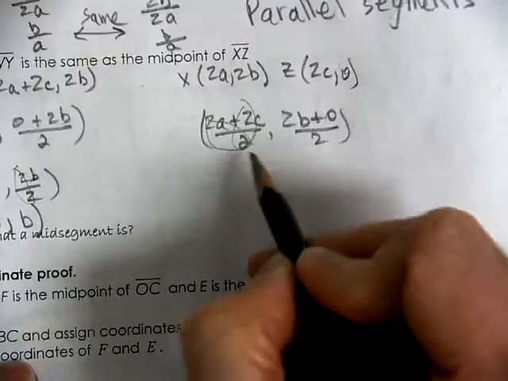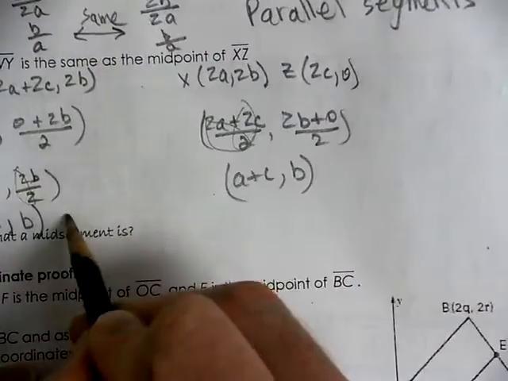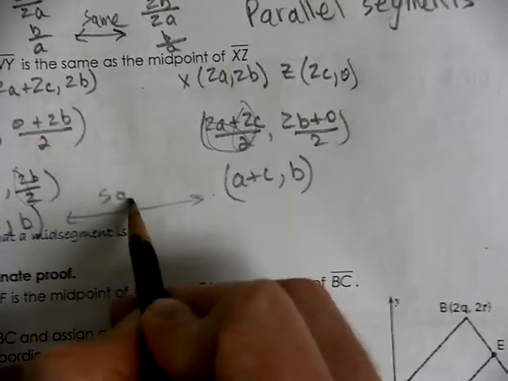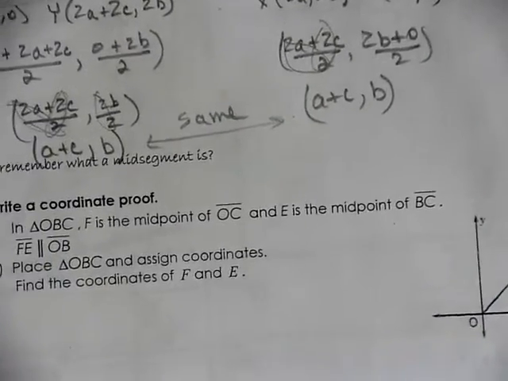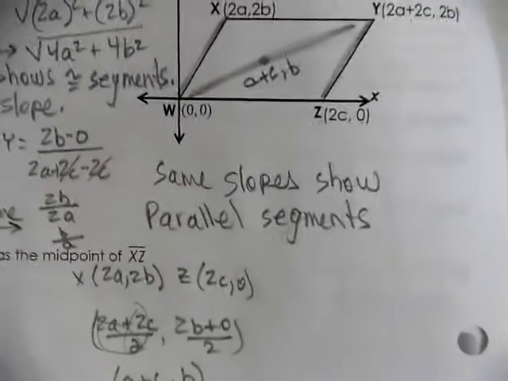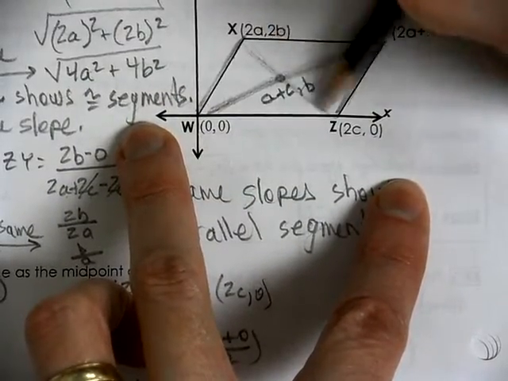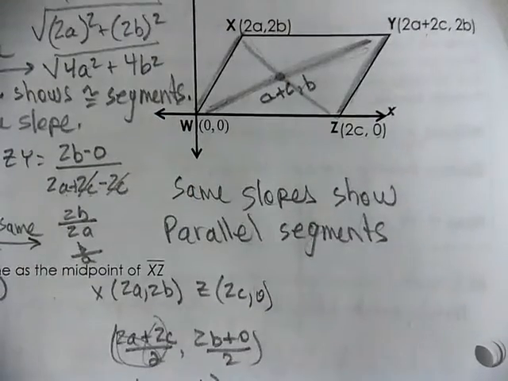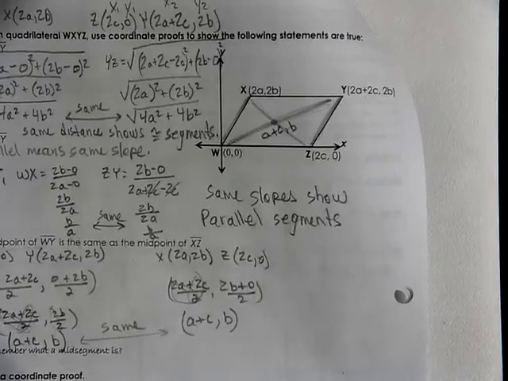Well, we can reduce what we can reduce, and we're left with the same thing we had before. So they have the same midpoint. Having the same midpoint is a good way to show you have a parallelogram, because that's a property that is true for all parallelograms.